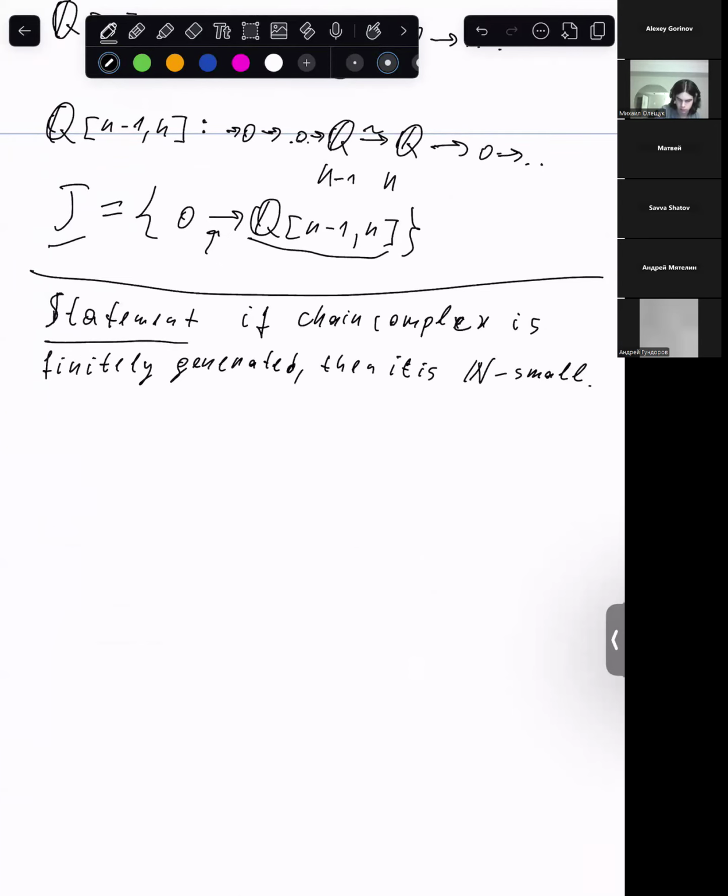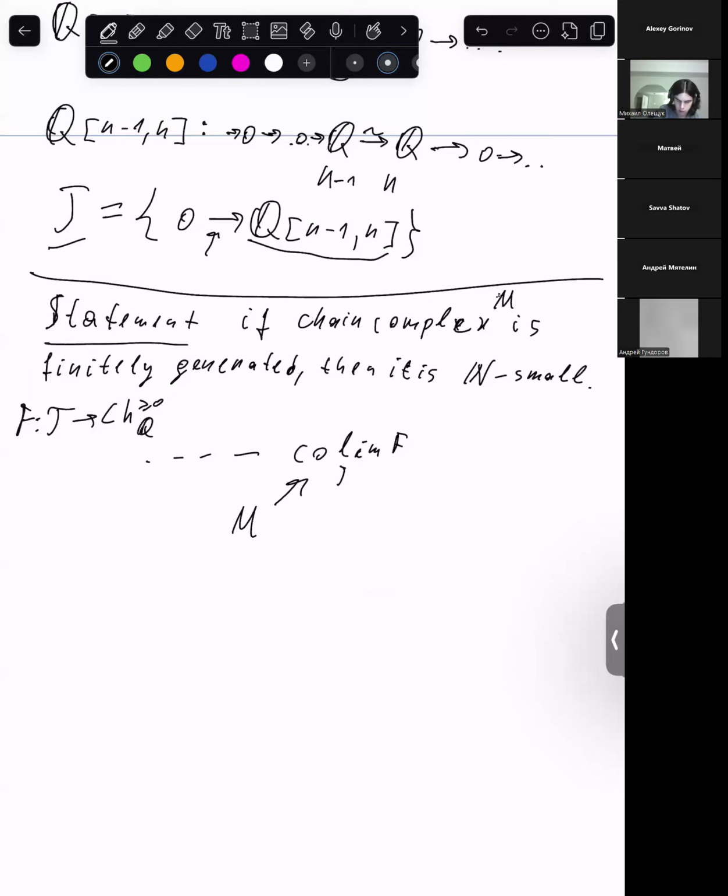If we have a filtered diagram and the colimit of F, and we have a morphism from M to the colimit of F, how can we build a lifting?